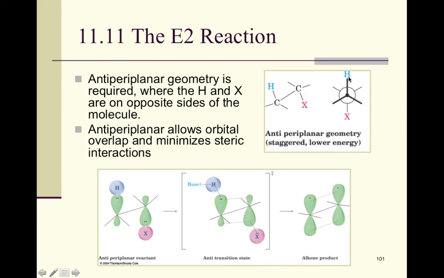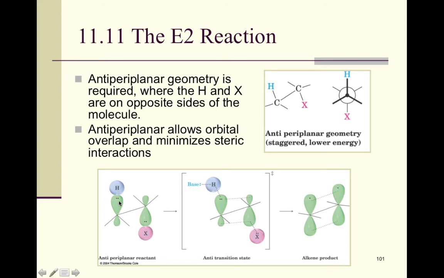Taking a look at it from the Newman projection, you can see our hydrogen is straight up, and coming back and behind and straight down would be our leaving group. Anti-periplanar geometry is required where H and X are on opposite sides of the molecule. Anti-periplanar allows orbital overlap and minimizes steric interactions.